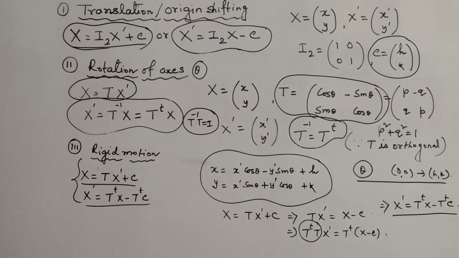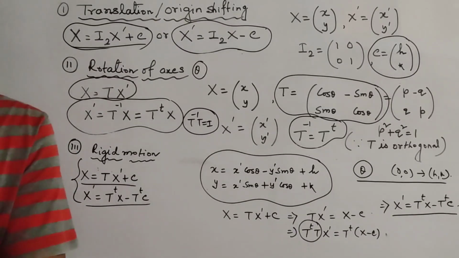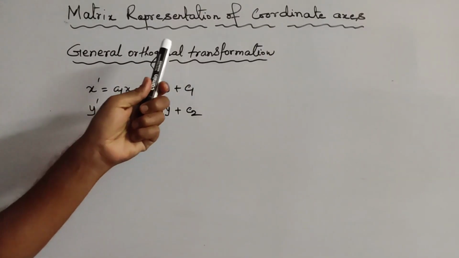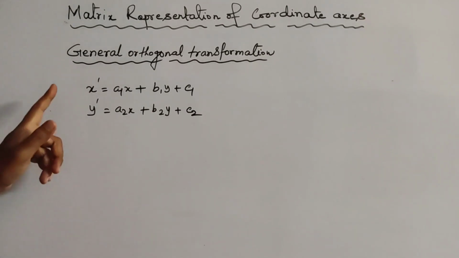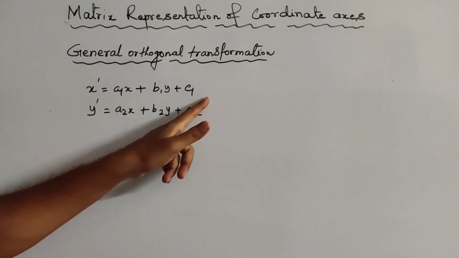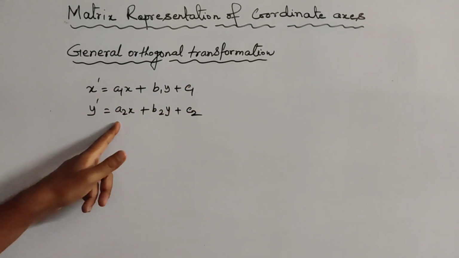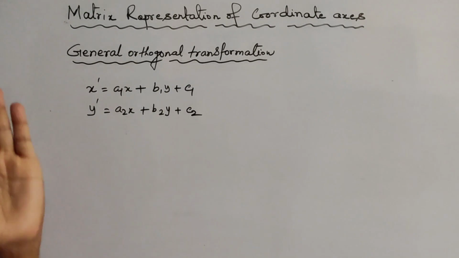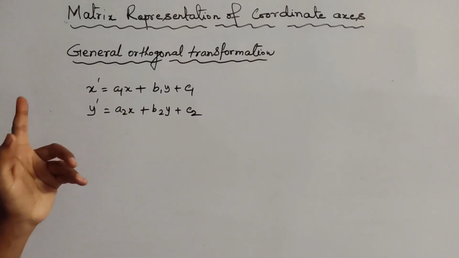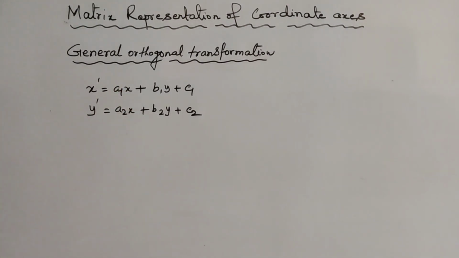Now we discuss general orthogonal transformation at the end of this class. The formula of any general orthogonal transformation can be written as x dash equal to A1 x plus B1 y plus C1, and y dash equal to A2 x plus B2 y plus C2. This is the general orthogonal transformation, from old to new coordinates.